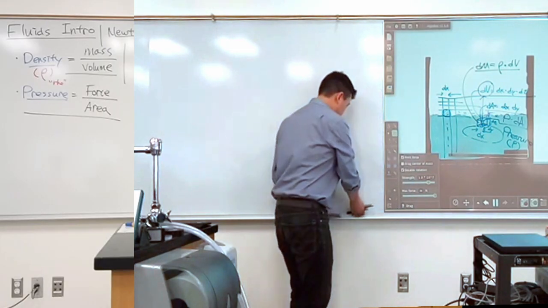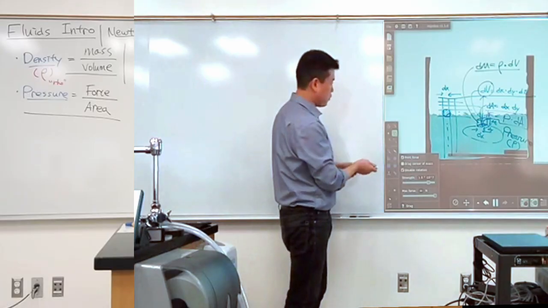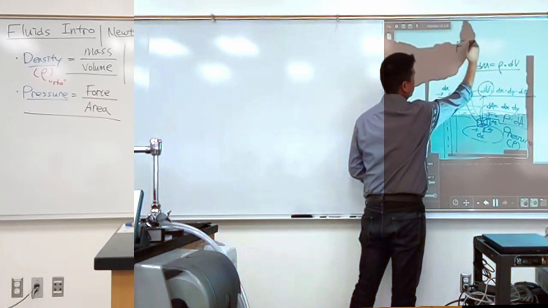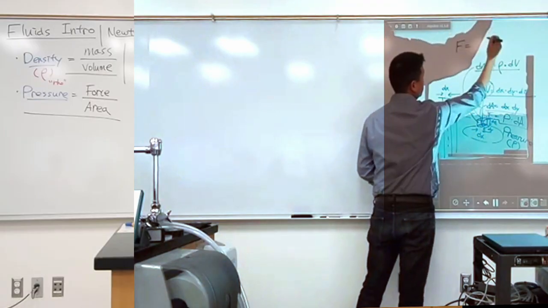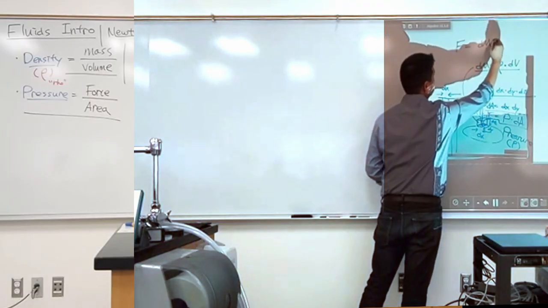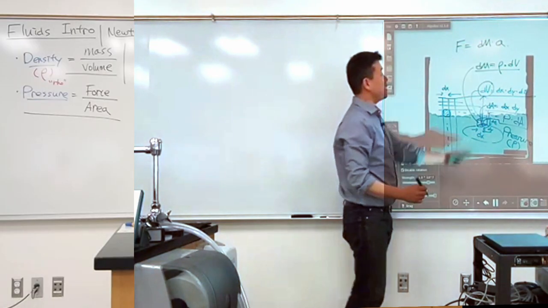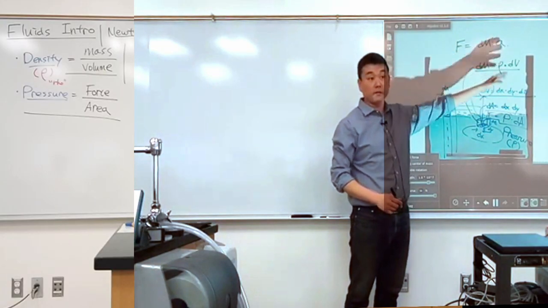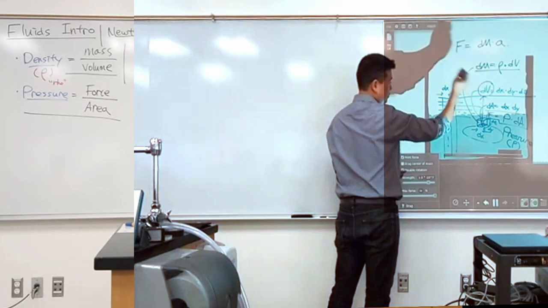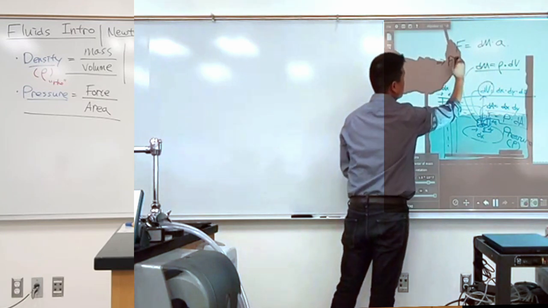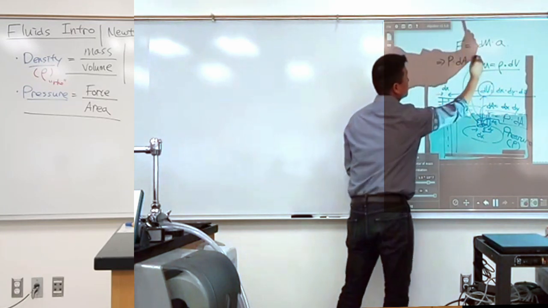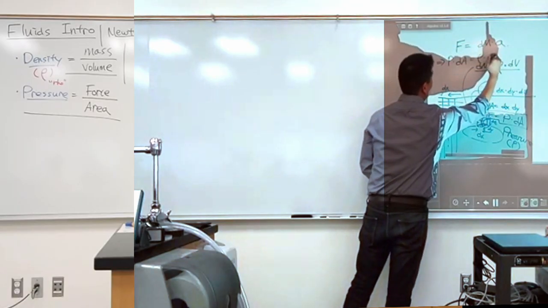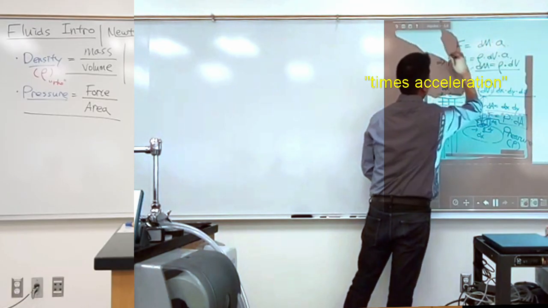You can say, trying to use Newton's law, the net force on that element is the amount of mass times acceleration, and these can be rewritten in terms of the pressure and area. So the left-hand side would be the force, pressure times the area element, and the right-hand side would be the density times the volume element times acceleration.